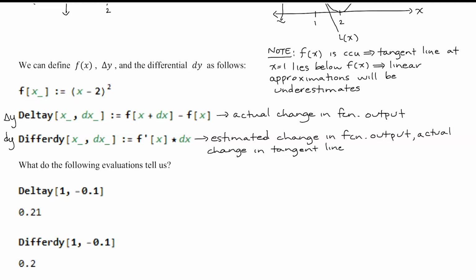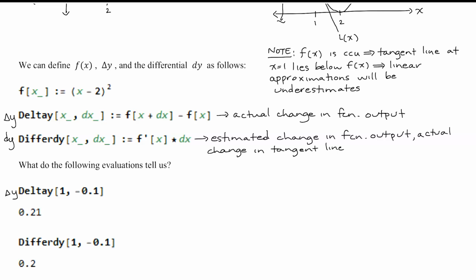Just by way of reminder, f prime of x is the estimated change in f, but the actual change in the tangent line when x goes up by 1, that's what slope is. And then we're saying, but x can go up not necessarily by 1, but some amount dx. If we multiply the slope by how much the x is actually changing, then we'll get the actual change in the tangent line value. So that's our differential dy.